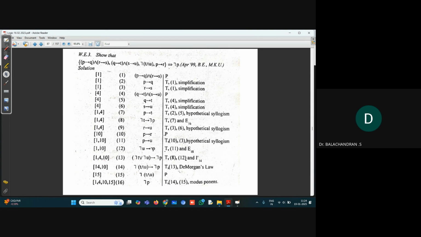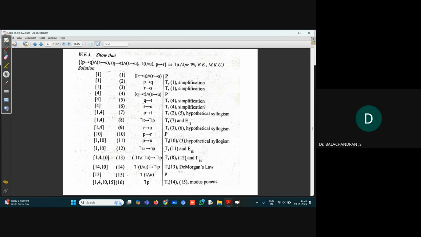So P implies T, contrapositive is negation T implies negation P. And then from 3 and 6, R implies S, S implies U. We'll get R implies U. Next, I am going to use P implies R, that is given premises. So P implies R, R implies U is what?